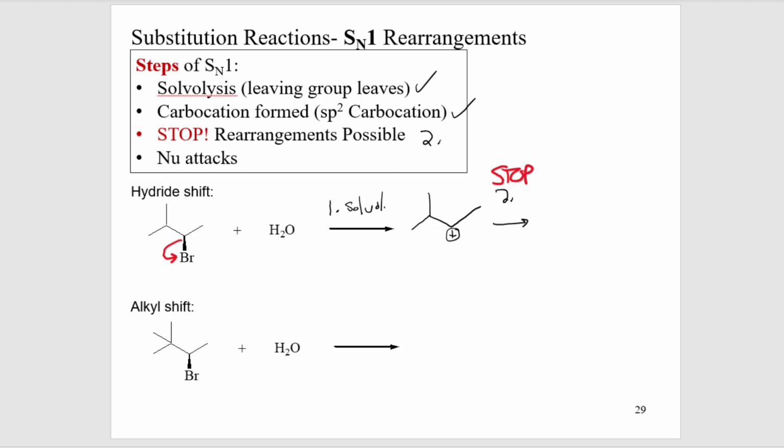What trends did we discover in understanding the stability of empty carbons? Well, we looked for inductive effects and we looked for resonance. I'm going to focus on the inductive effects.